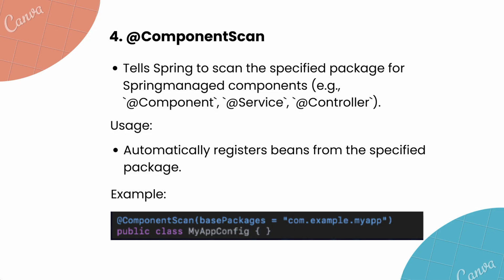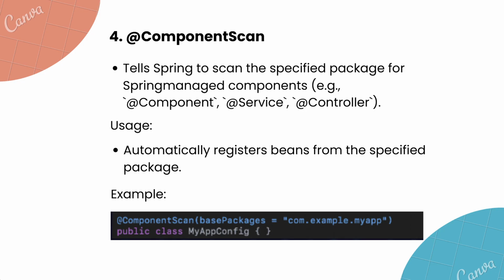organized. First one is com.example.myapp.service, which contains services like product service or order service. Second one is com.example.myapp.repository, which contains repositories like product repository or order repository.